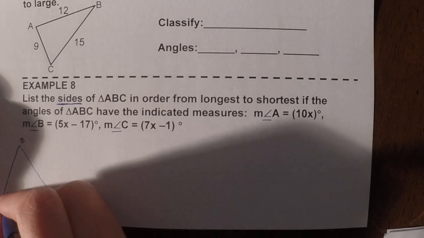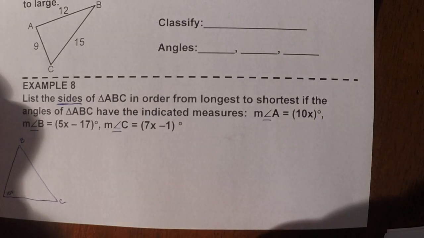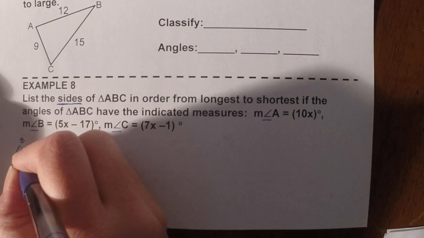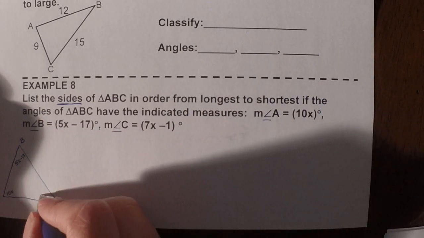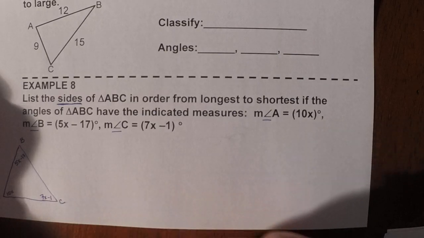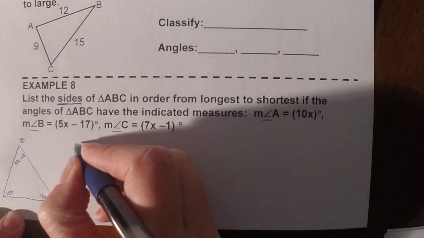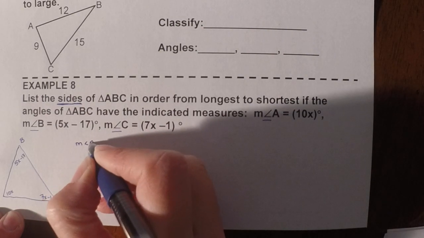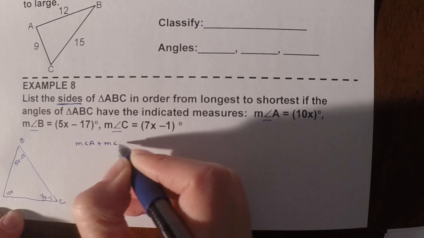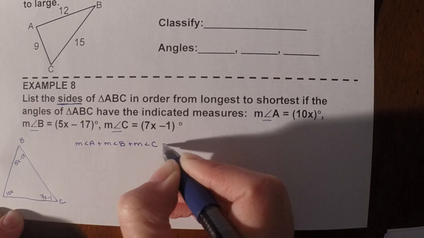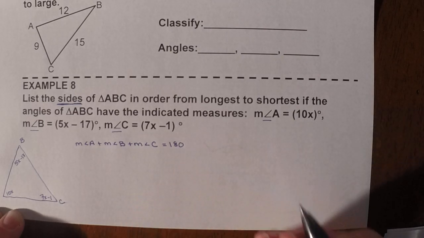It says A down here, this angle is 10x. Angle B is 5x minus 17. And C is 7x minus 1. So if I was going to set up an equation, I would say that the measure of angle A plus the measure of angle B plus the measure of angle C should add up to 180 degrees.